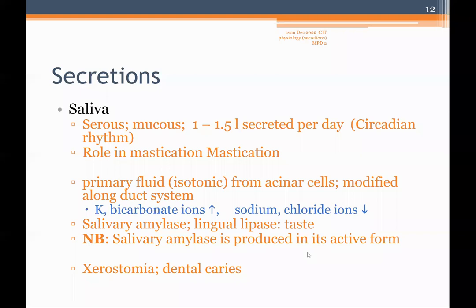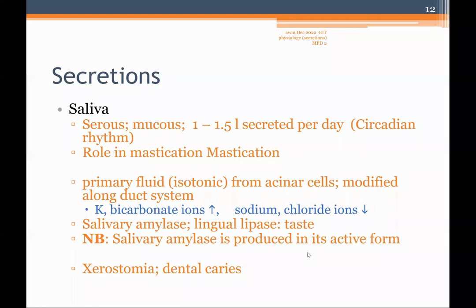Now, once it is produced, it is going to be carried away from the glandular portion, the secretory portion, and it will go along the ducts to the point where it's going to be released into the lumen of the gut. So as it travels along the duct system, it undergoes modification. And as it is modified, by the time the saliva is being released into the mouth, it is actually hypotonic.